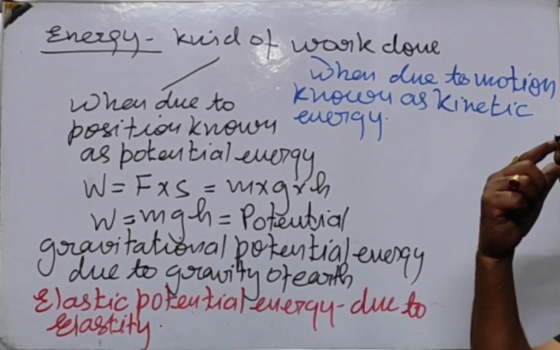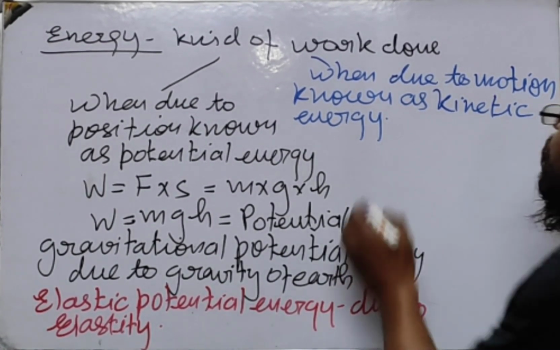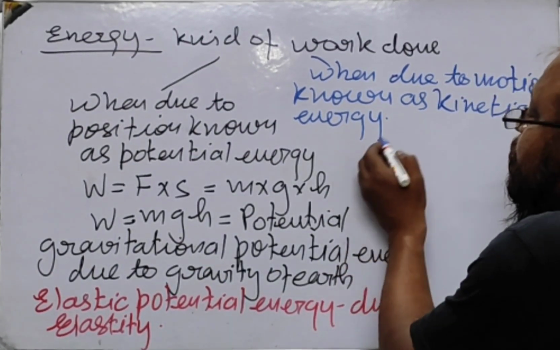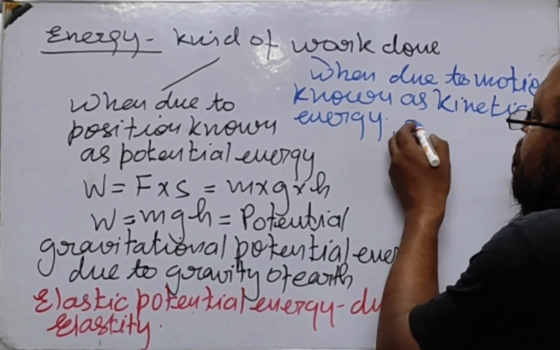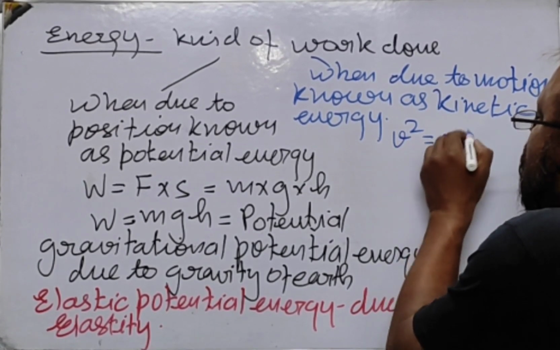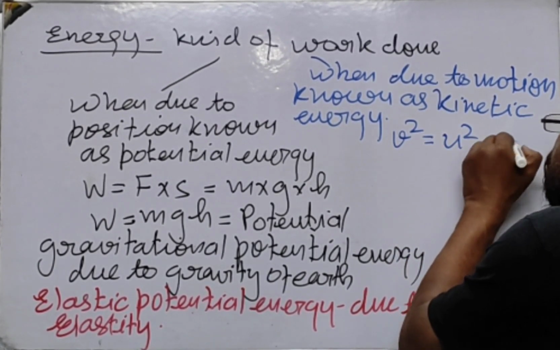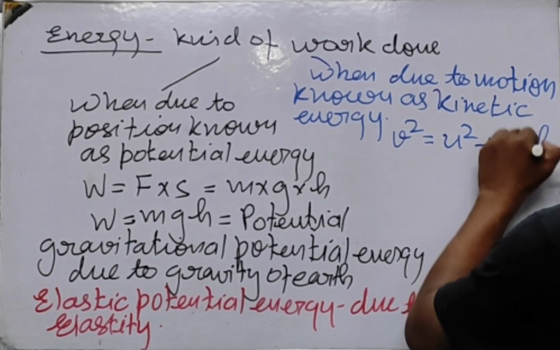So we have a formula, v square is equal to u square plus 2gh, right?